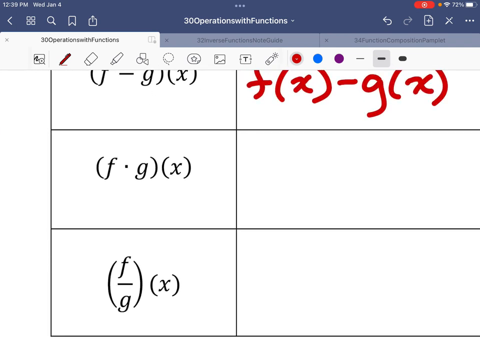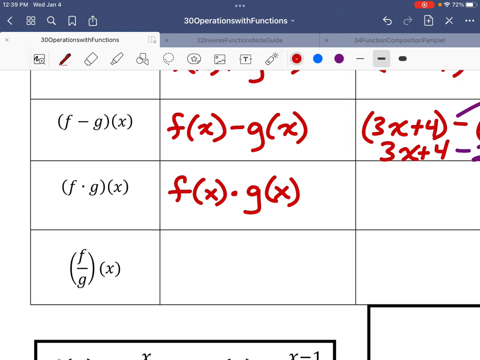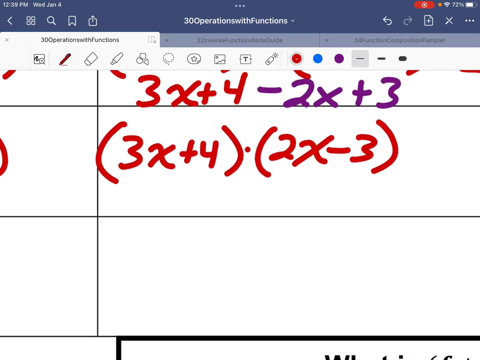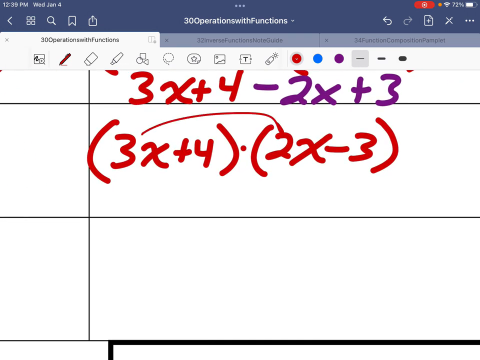Moving on, we have f times g of x, which really just means f of x times g of x. For this particular problem, that means taking your 3x plus 4 and multiplying it by that 2x minus 3. Now again, I'm putting the parentheses around because, well, they do matter. When you're multiplying two binomials, we typically call that the FOIL method or the distributive property.